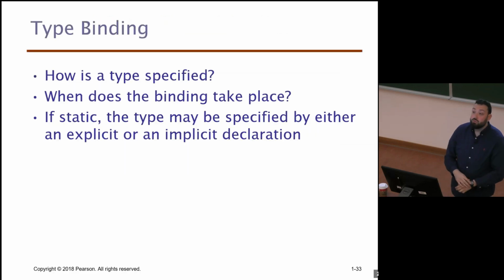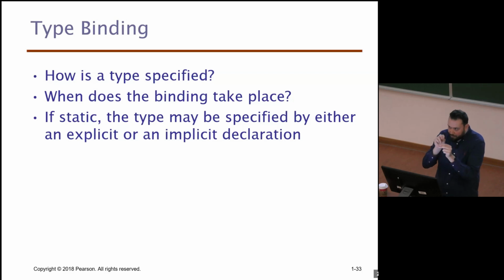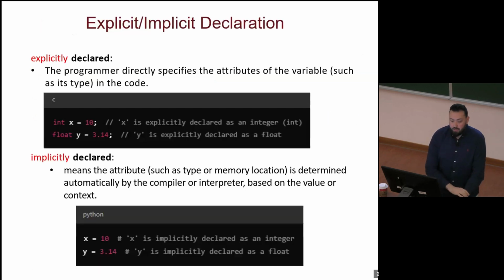Now we want to move to type binding. We want to talk a bit more specifically, not just about the general binding, just about the type binding. This is just a reminder that we have explicitly declared type. We said implicitly declared is like this.